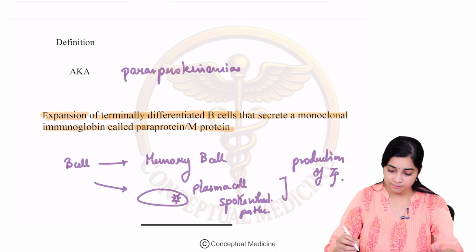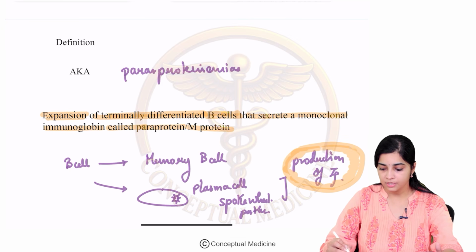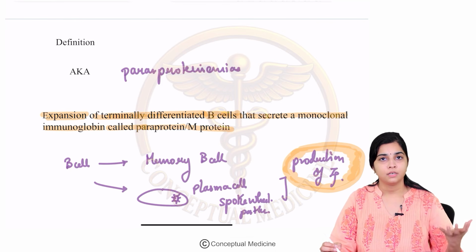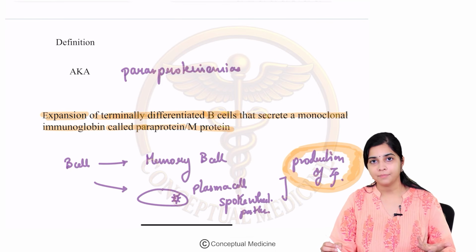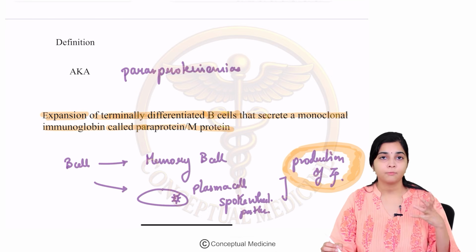So the terminally differentiated B cell is usually associated with increased immunoglobulin production. Due to some mutation, the terminally differentiated B cells, which are the plasma cells, become hyperactive and hypersecretory, and there is increased production of a monoclonal immunoglobulin. What do you mean by that?